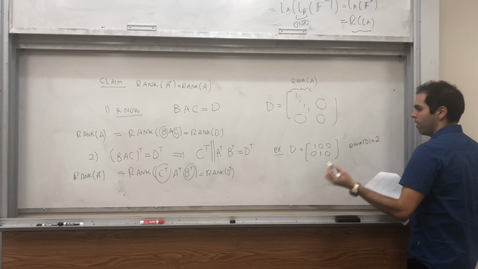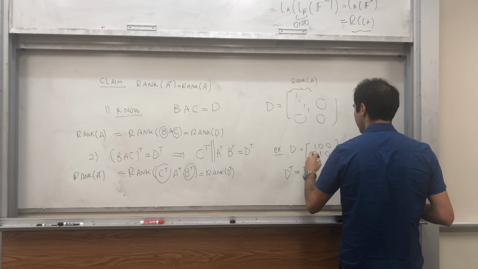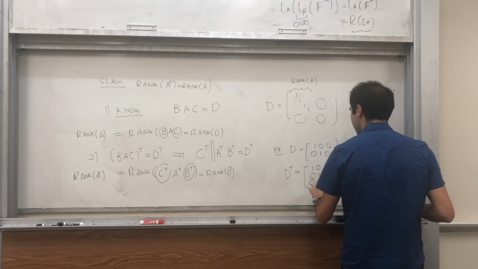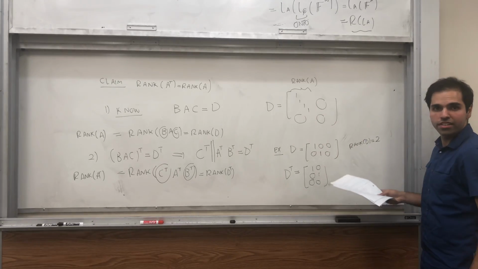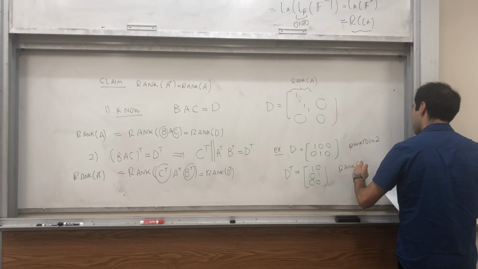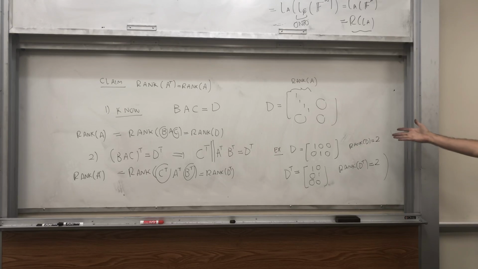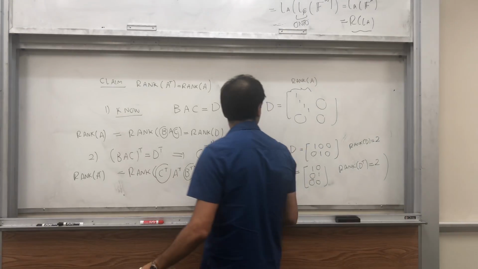On the other hand, what is D transpose? That equals, let's say, 1, 0, 0, 1, 0, 0. And you see the ones are still where they are, and the zeros are still here. So here also the rank of D transpose is also equal to 2.